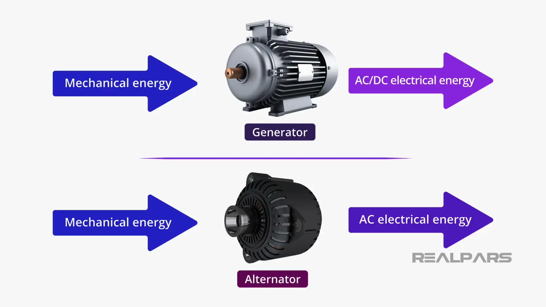Since no commutator is required in an alternator, it is usually more convenient and advantageous to place the field winding on the rotating part, that is the rotor, and the armature winding on the stationary part, that is the stator. An alternator has a 3-phase winding on the stator and a DC field winding on the rotor.